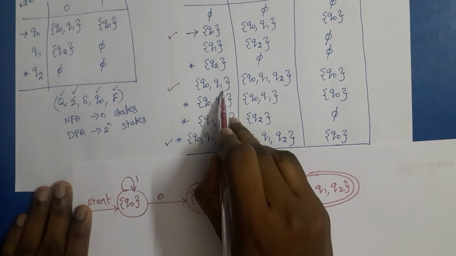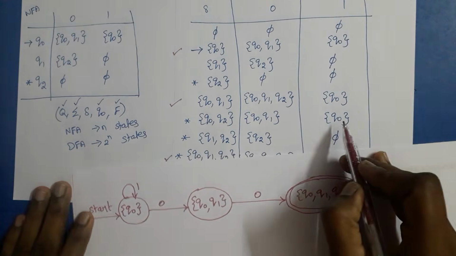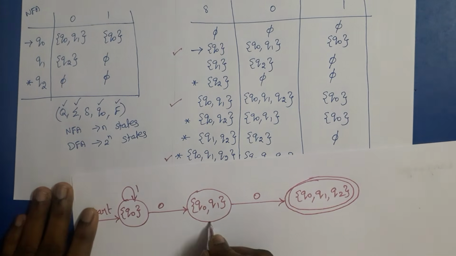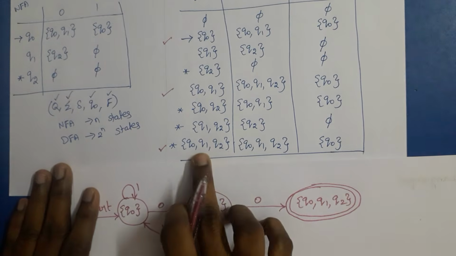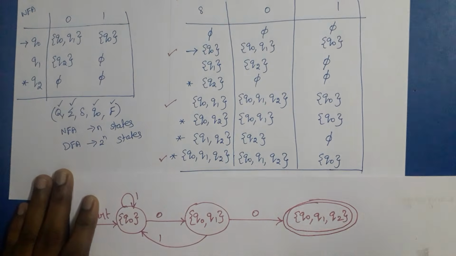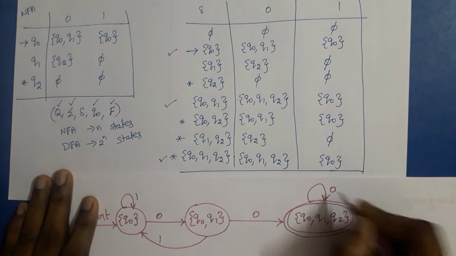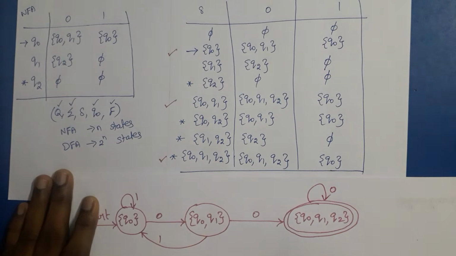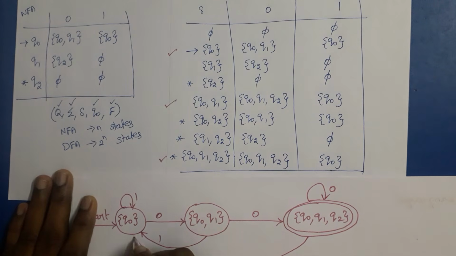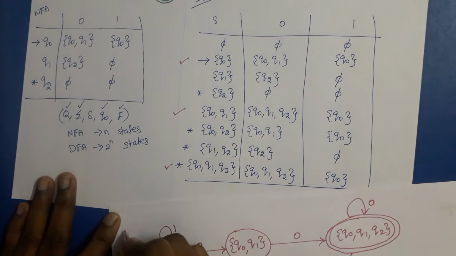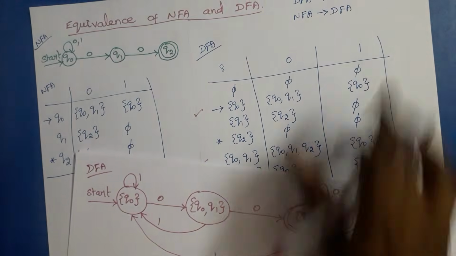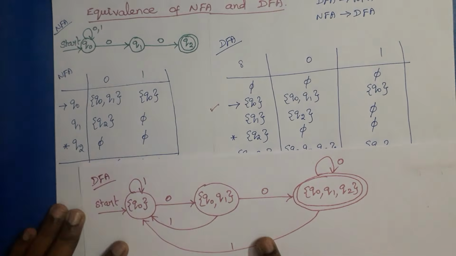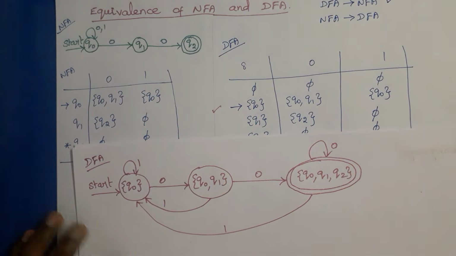And from Q0, Q1, 1 goes to Q0. Then from Q0, Q1, Q2, 0 goes to Q0, Q1, Q2. And 1 goes to Q0. So this is the final DFA diagram for accepting all the strings which are ending with 00, and this is the equivalent DFA diagram for the given NFA diagram. Thank you.